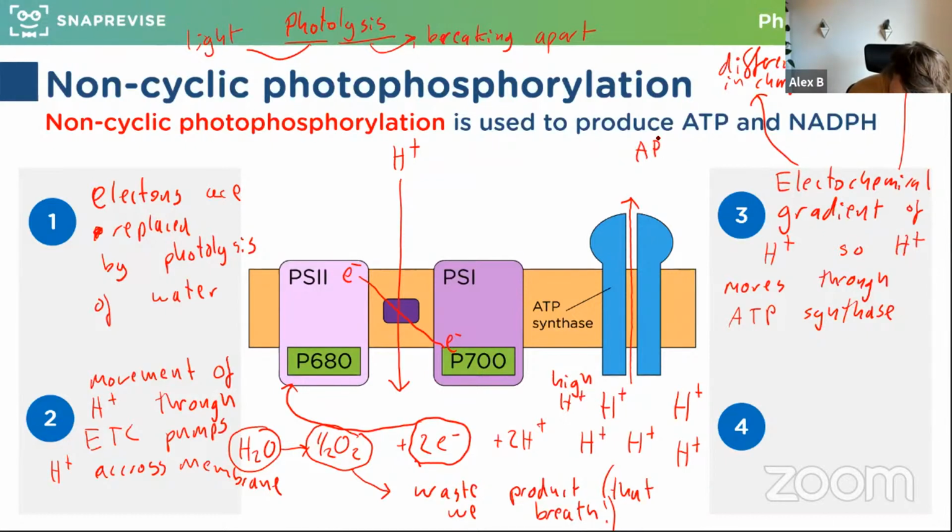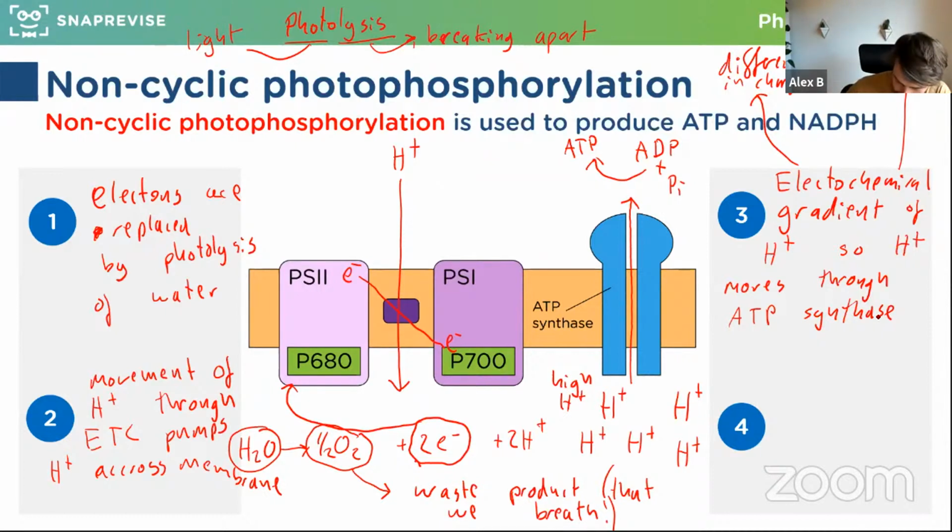Sorry, I'm just going to rub this out, I've run out of space. I really struggle if I try to write and speak at the same time. ADP plus Pi goes to ATP. So essentially, the energy from the concentration gradient is used to synthesize ATP. So we've made ATP.